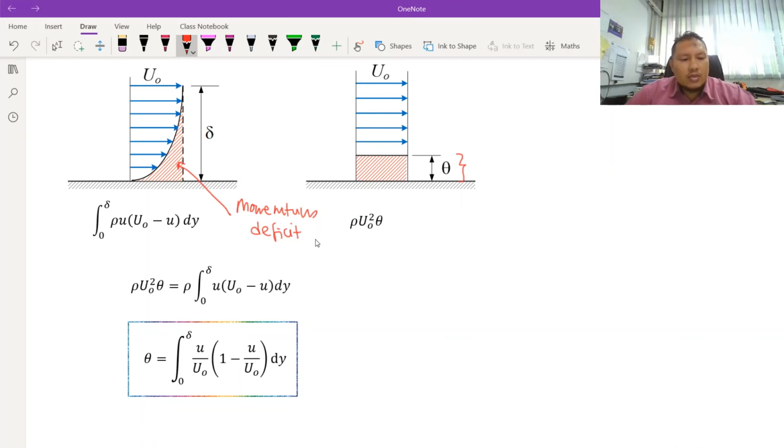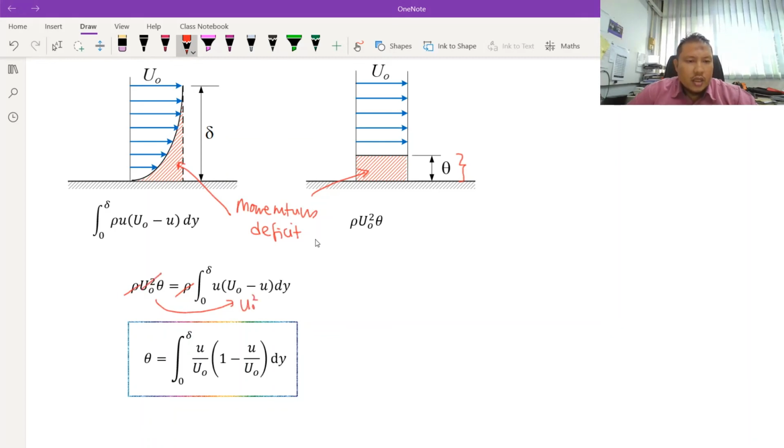So again we can equate, because this area is also the momentum deficit. We have rho u naught squared theta equal to rho integrated from 0 to delta of u times u naught minus u dy. Again, for incompressible flow the density is constant, so we can bring u naught squared to the denominator.